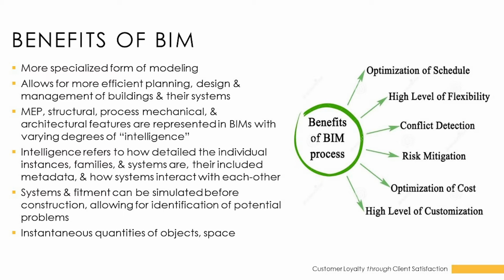Intelligence is going to refer to how detailed an individual modeled object is within your BIM model and how interconnected with other building systems that individual modeled object is. We'll go over that a little bit later, but for instance, if you have a modeled object that is a light, that light can be connected to an electrical system, which could in turn be connected to devices that regulate that electrical system. So every object in the building is interconnected, and BIM can simulate that.